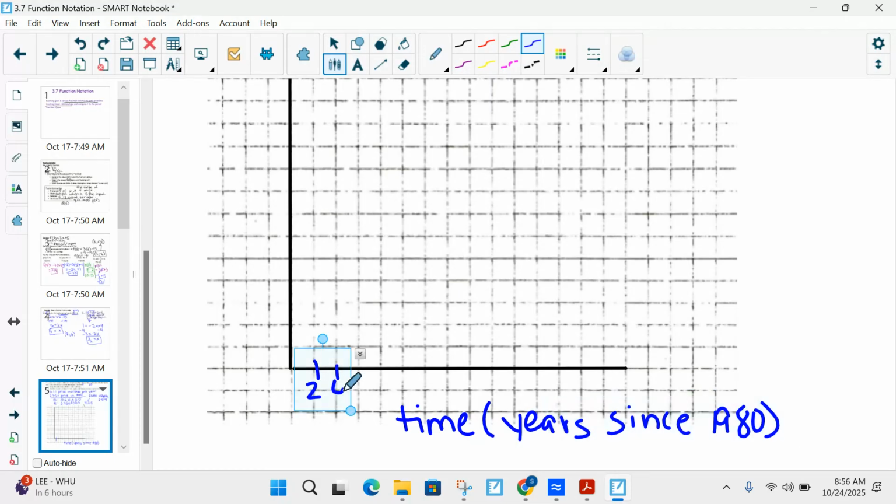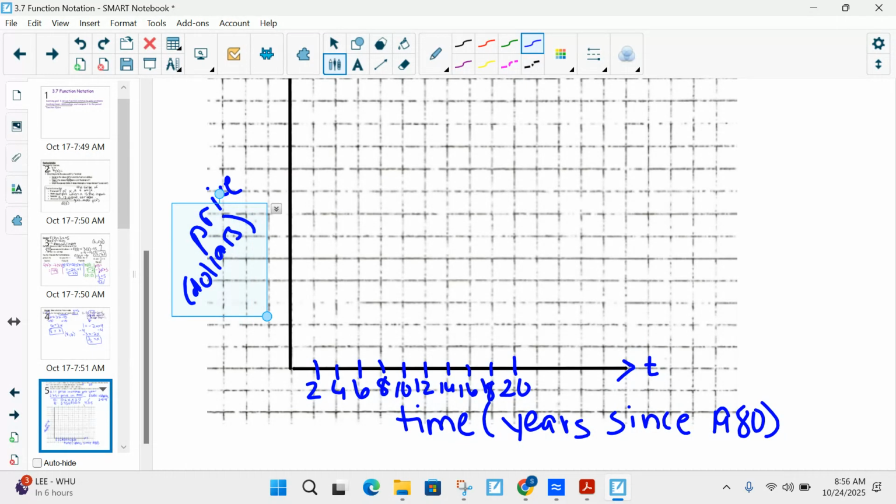So 2, 4, 6, 8, 10, 12, 14, 16, 18, 20. Okay, and then your y-axis is price in dollars. Our smallest value is 2.75 and the biggest value is 4.75.